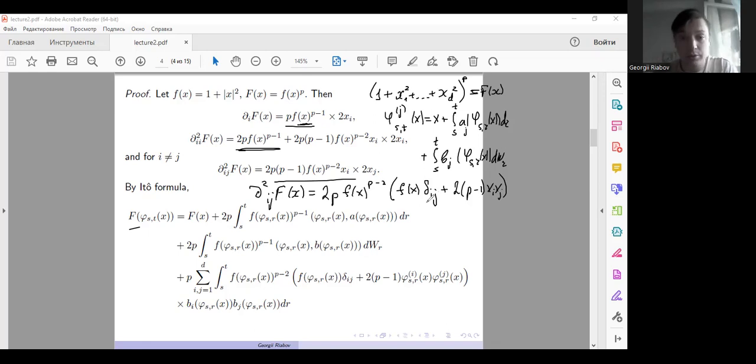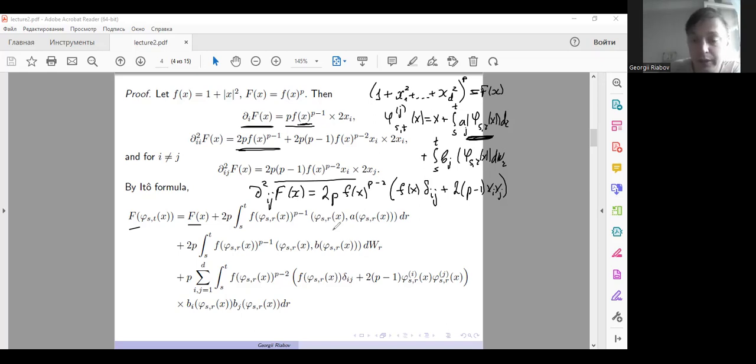Okay, so now all the derivatives are computed and we get the following expression. This is f of x, which is the value when t is equal to s, plus the integral with respect to dr of the partial derivative of f times this coefficient a of phi.